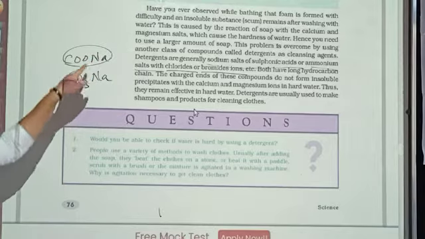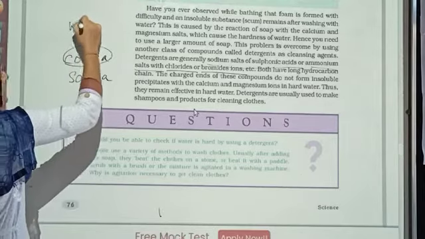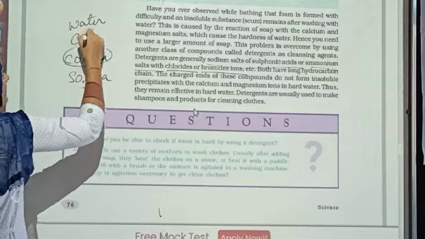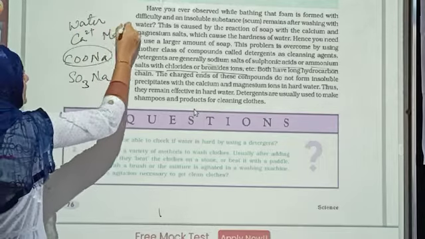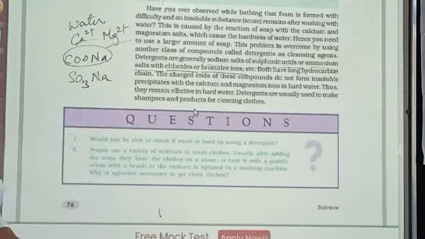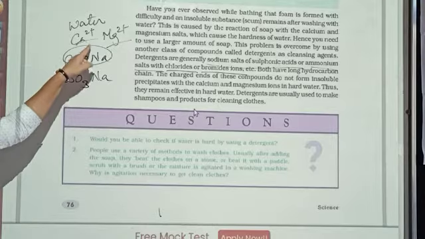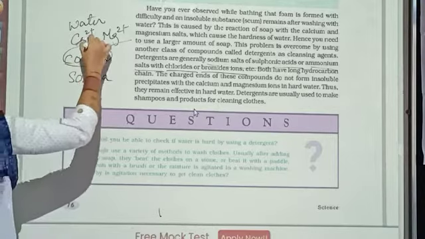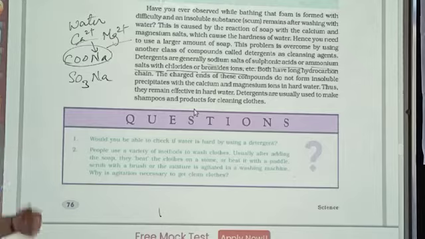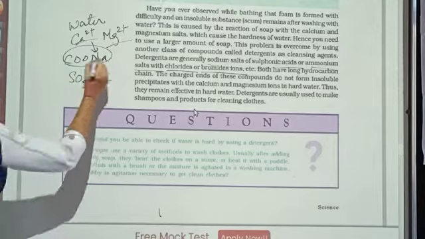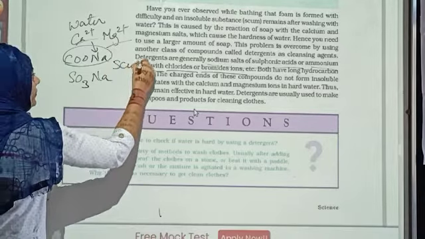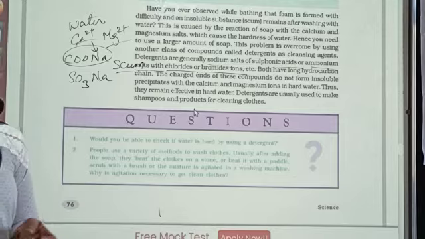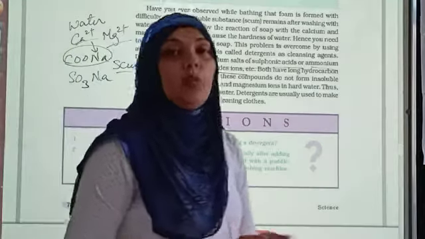When you are using it, and if the calcium and magnesium react with the sodium, what will happen, they will form scum. They will form scum. इसका मतलब क्या हो रहा है dear student?